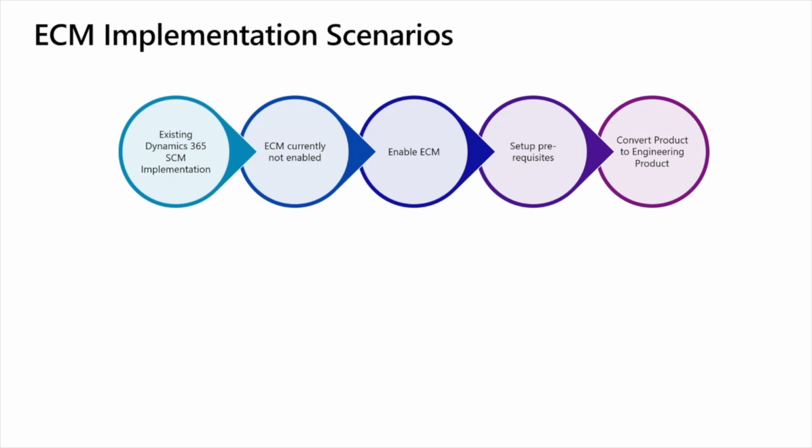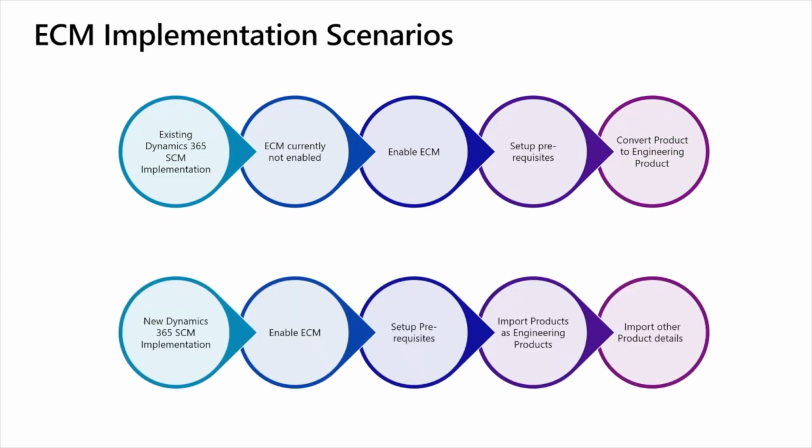If you are already live, then you would first try this in a sandbox environment, and after careful consideration, configuration and testing only, you will perform these steps in the production environment. So at a high level, you have to first enable the ECM module. You have to set up all the prerequisite data, and there is a function available to basically convert regular products into engineering products.